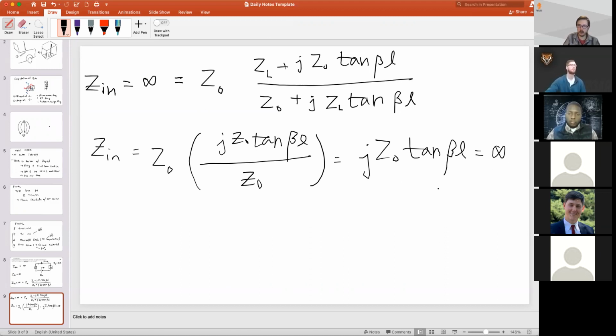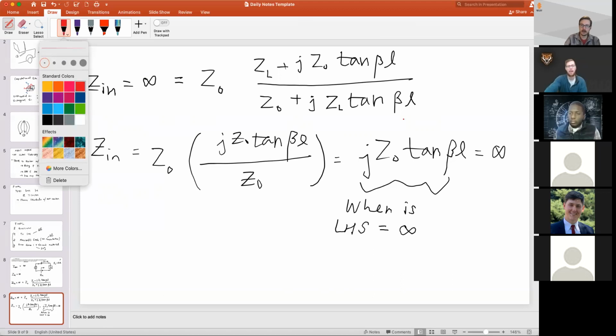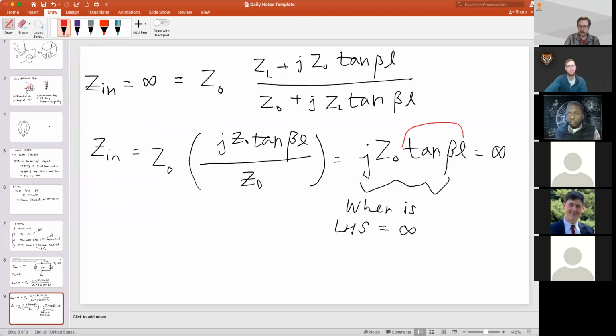Essentially, when is the left-hand side equal to infinity? That's probably going to be related to this, because we have a lossless transmission line, so this is not going to be an infinite value; it is some finite value.